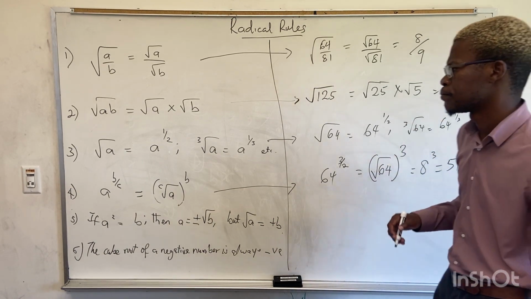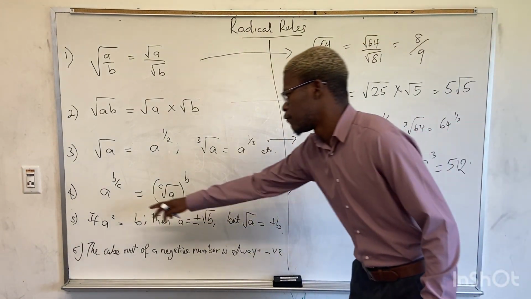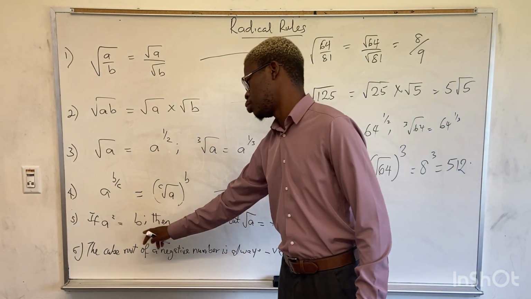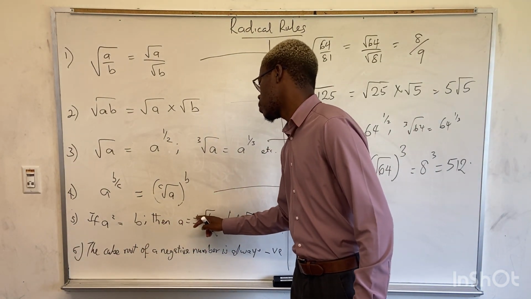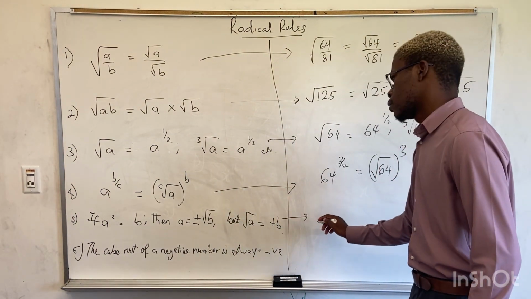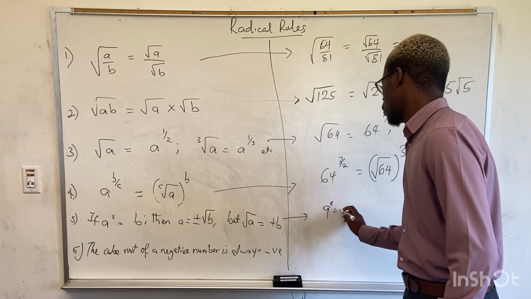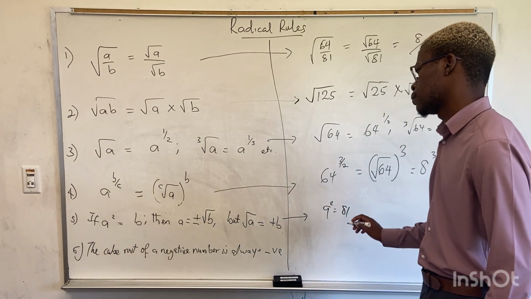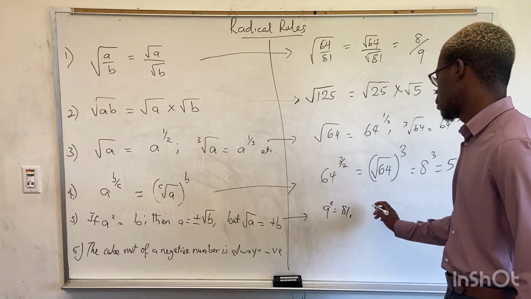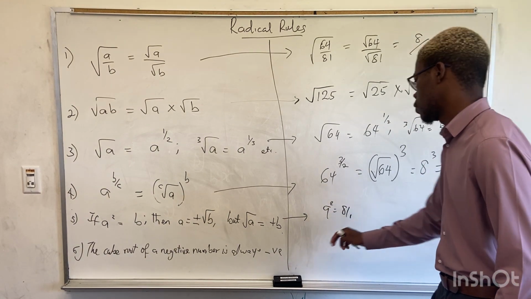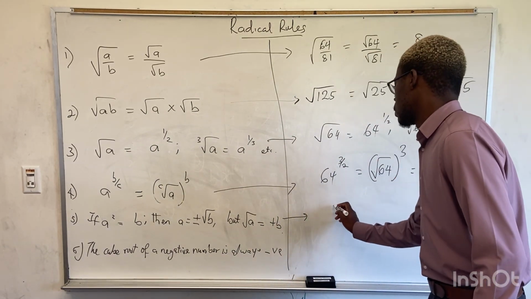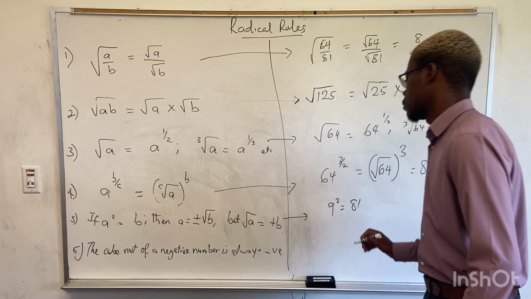Yes, I believe so. All right, then fifth rule, if a squared equals b, then a equals plus or minus square root of b. So for example, let's look at that. 9 squared is 81, right?